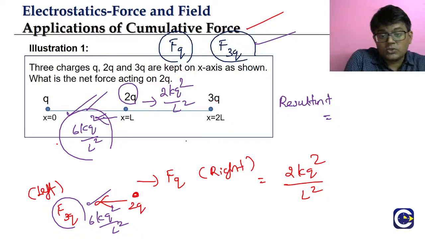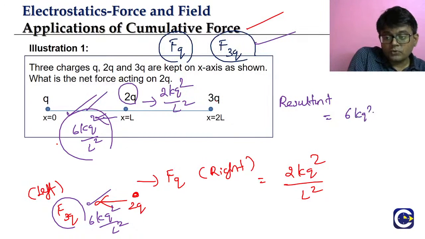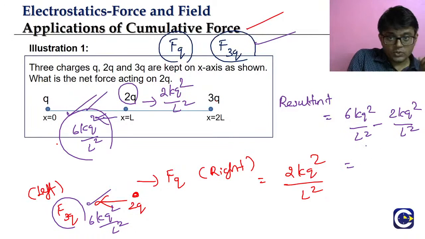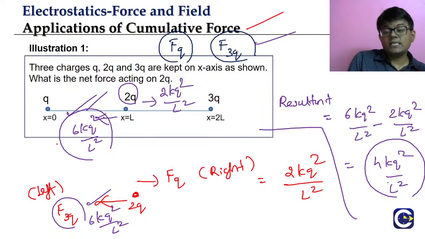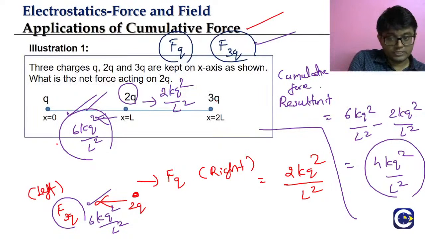So higher magnitude force minus lower magnitude force: 6kq square by L square minus 2kq square by L square gives 4kq square by L square. This is the cumulative force, or the resultant force, or the net force. We can use any of these terms.